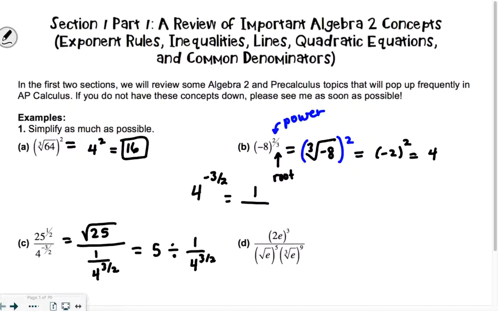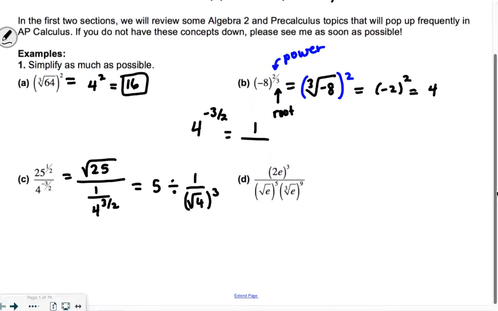So when you have a negative exponent on the denominator, you can write it as a positive exponent on the numerator. So let's find the 4 to the 3/2. So that means I have the square root of 4, and I'm cubing it. So I have 5 divided by 1/8, which is the same as 5 times 8/1, which becomes 40.